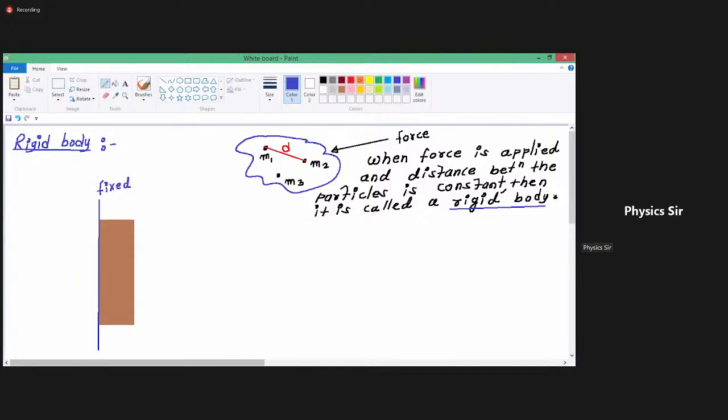And there is a handle on this door. इधर है ना door में handle है. I can say that there are large number of particles on this. I can take the one particle M1, I can take another particle M2, I can take another particle M3.